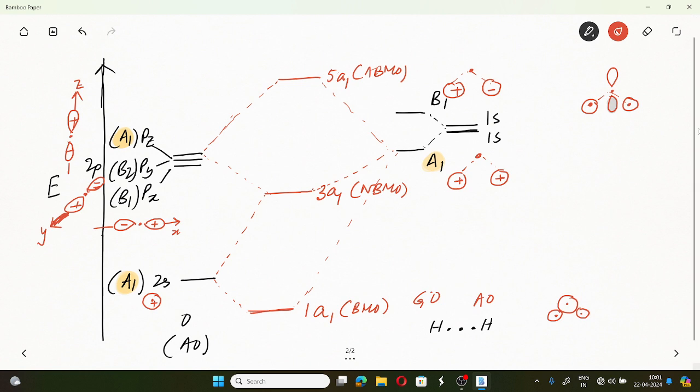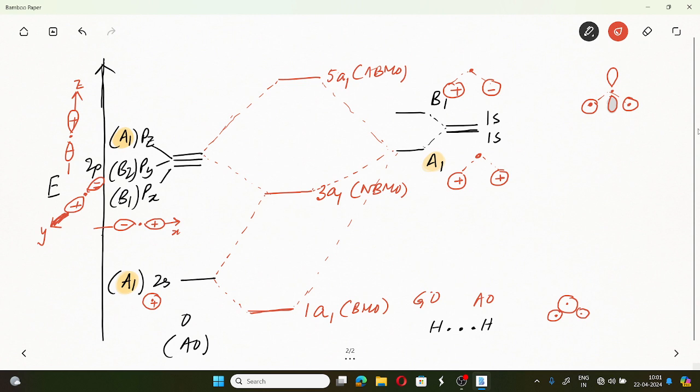Now let us consider the non-bonding combination. Okay, now in this non-bonding molecular orbital, it has a greater contribution, obviously, from A1 and PZ, and there is some combination from 2s also.